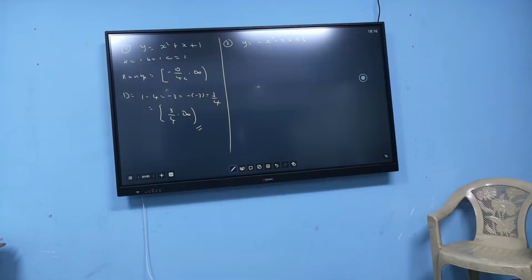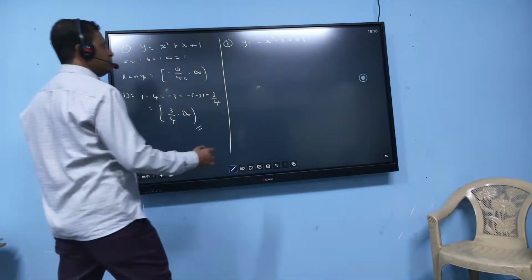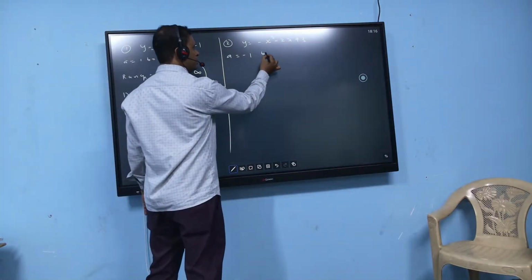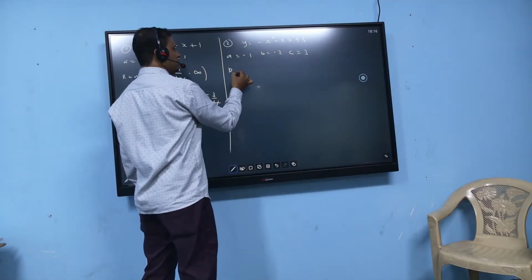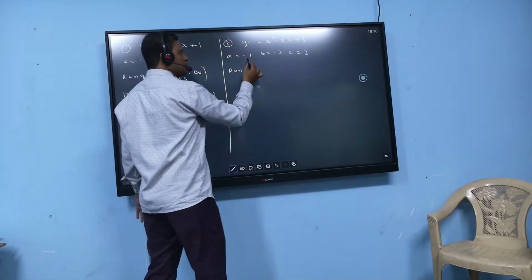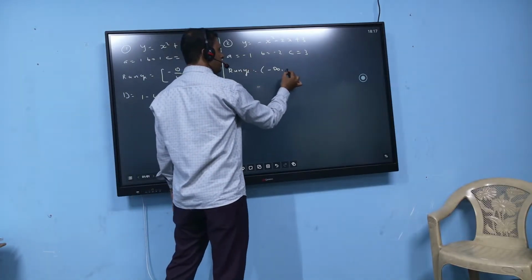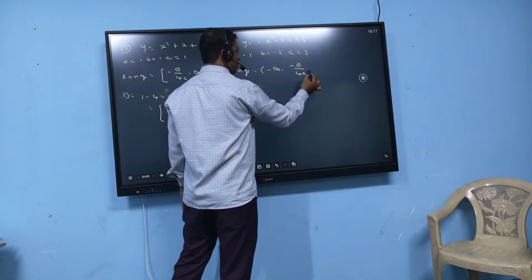Minus infinity comma 16 divided by 4, 4 comes, no? Minus infinity comma 4. What is a? B is minus 2, c is equal to 3. So range is equal to, since a is less than 0, minus infinity comma minus D divided by 4a.